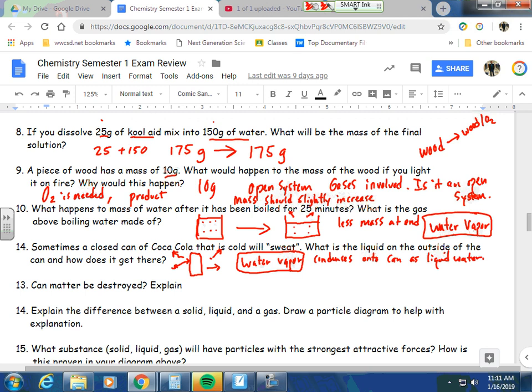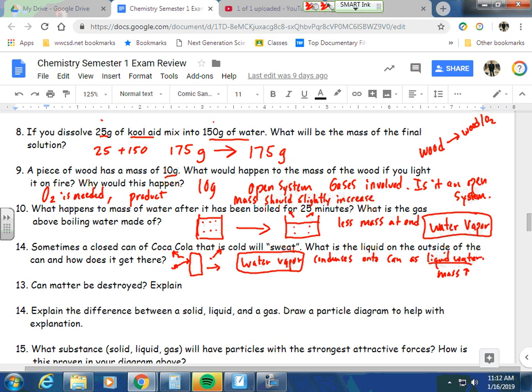Since there's water vapor that's going to be turning into liquid water on the outside, the mass should increase a little, because there's now liquid water on there that we can find the mass of with a balance that wasn't there before. It was in the air. A balance can find the mass of solids and liquids, but a balance can't find the mass of a gas, really, at least not easily.